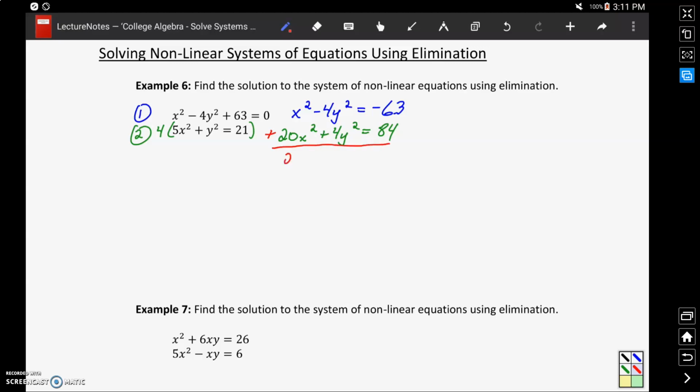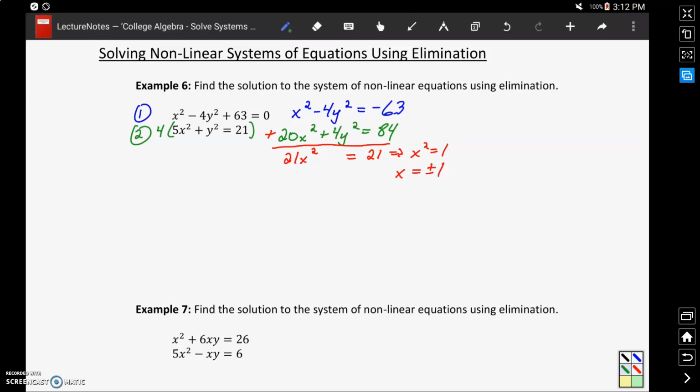And then adding these together will give us 21x squared is equal to 21, meaning x squared will be equal to 1, or if we take the square root of both sides, we'll get x is equal to plus or minus 1.